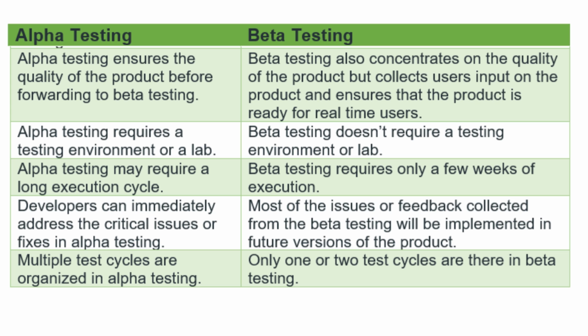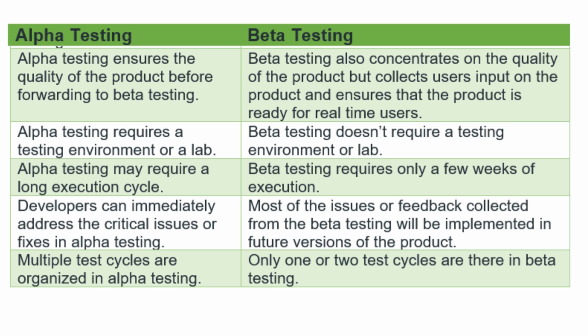Beta testing also concentrates on the quality of the product, but collects user input and ensures that the product is ready for real-time users. When a product is released for beta testing to real-time users within a particular circle, some qualified users, they make sure the quality is not compromised, and they also verify whatever feedback the real-time users give.